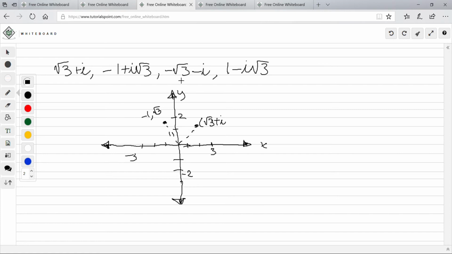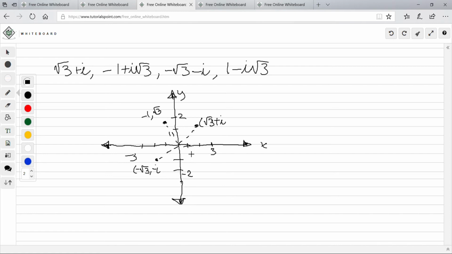And then this is negative root 3 minus negative 1, so negative root 3 is about negative 1.7, and then negative 1 is right here. And then 1 minus negative root 3 is about here.